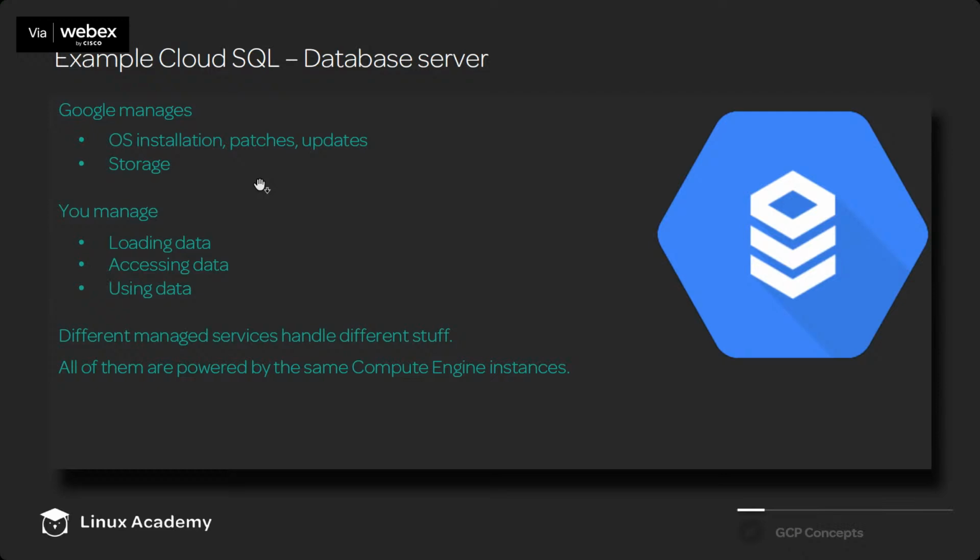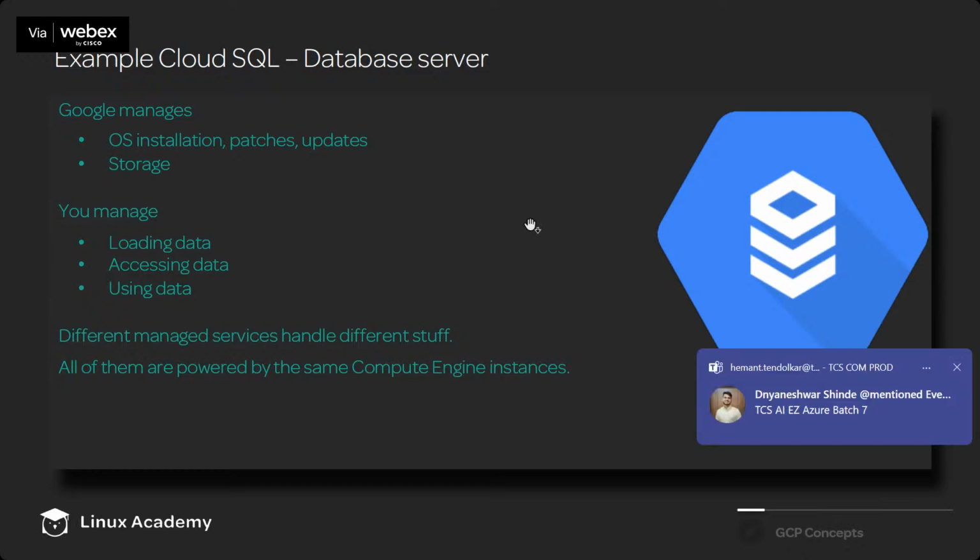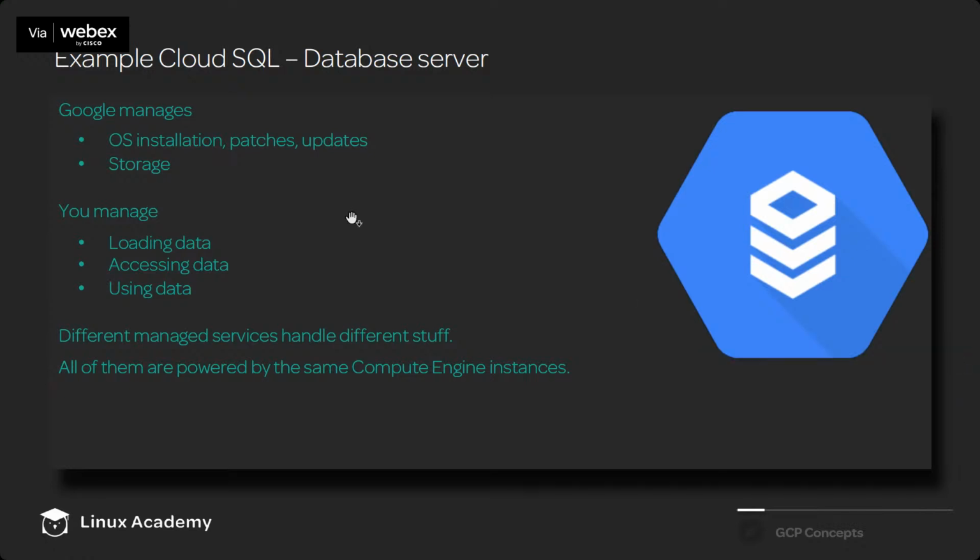Instead of you having to manage it, when you go for a managed service like Cloud SQL Server, you can have Google take care of all the operating system and database patching, upgrading, etc., making sure that the storage is properly handled. All you have to worry about is the data inside that database: loading it, accessing it, using it, exporting it, etc. All that is your headache. So this is what is known as a managed service.